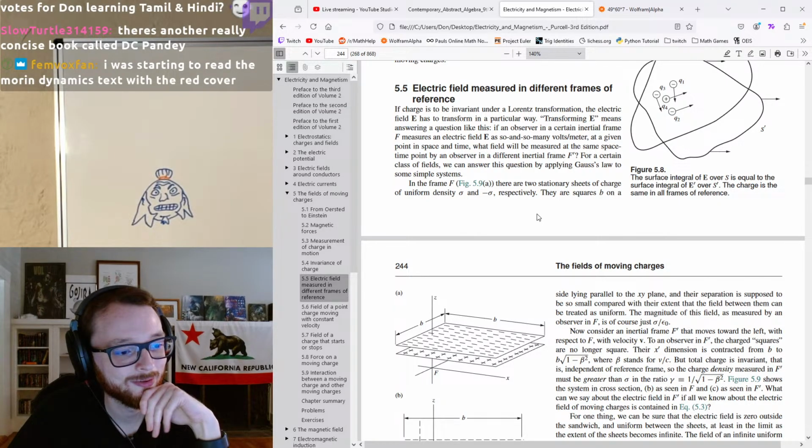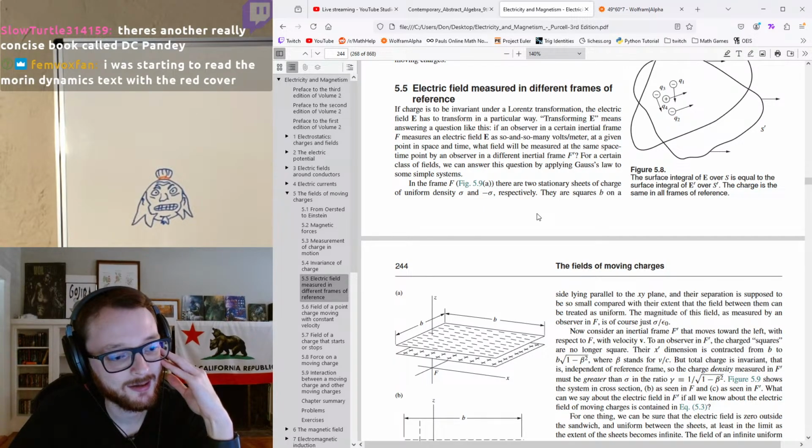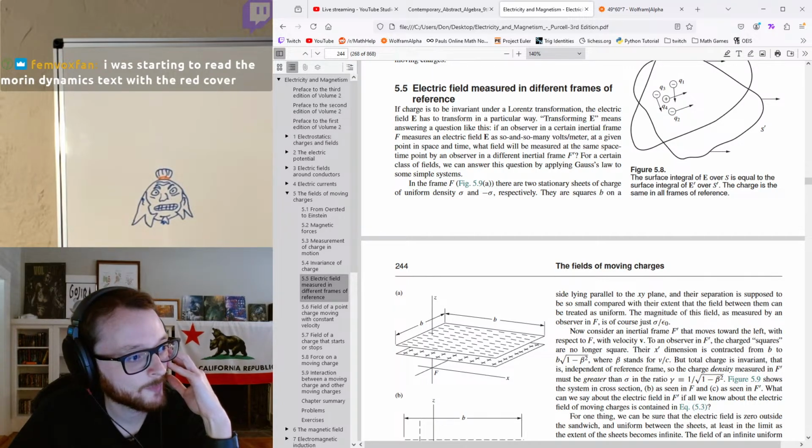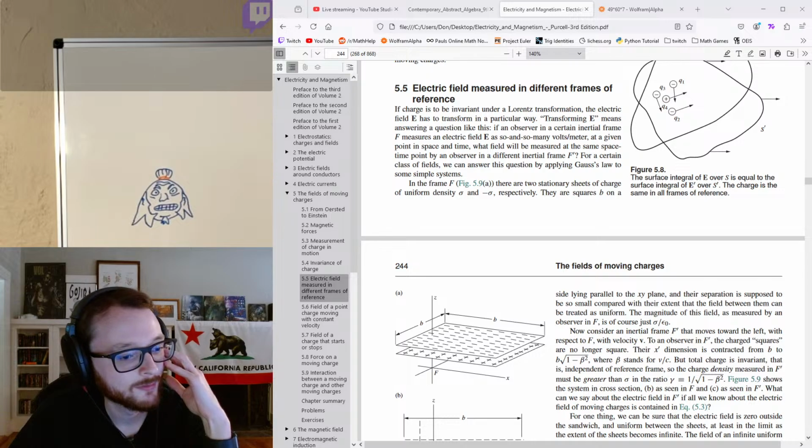It's a book called DC Pandey. Oh, okay. Read more in the dynamics text with the red cover. Is that the one that I saw being thrown around for physics stuff? Oh, okay. Is it easy?